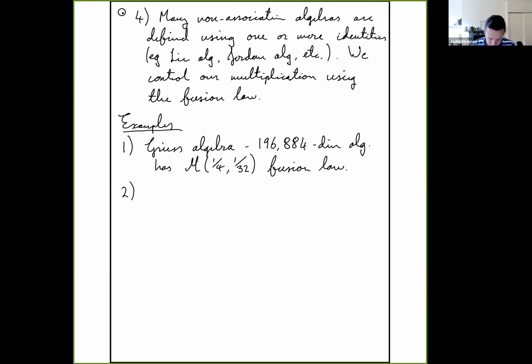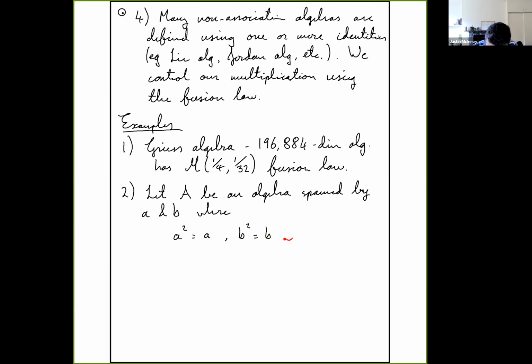So what about another example? Well, let's suppose that A be an algebra generated by, actually spanned by, A and B, where A squared is A, B squared is B, and finally AB is 0.